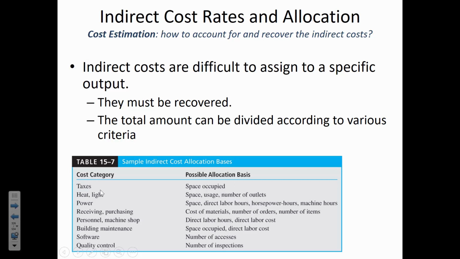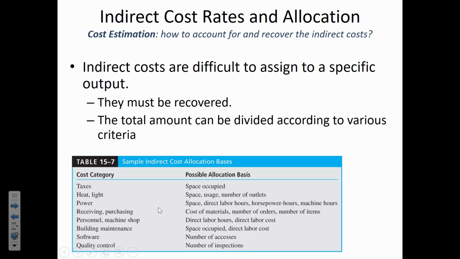Or if you're trying to recover indirect costs associated with utility costs like heat, light, power, and so on, then there's a variety of different ways you could do it. You could do it on a space basis, but you could also look at the number of outlets in each area, because that might be reflective of how the electricity is actually being consumed. But if you wanted to get a little bit more sophisticated than that, then you might look at how the outlets are being used.